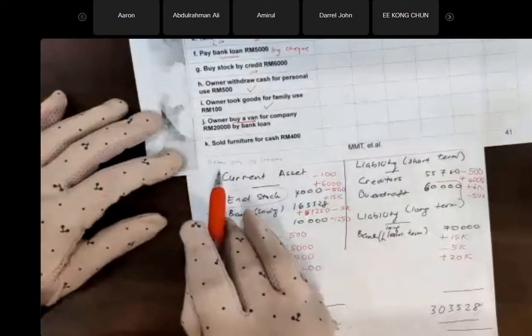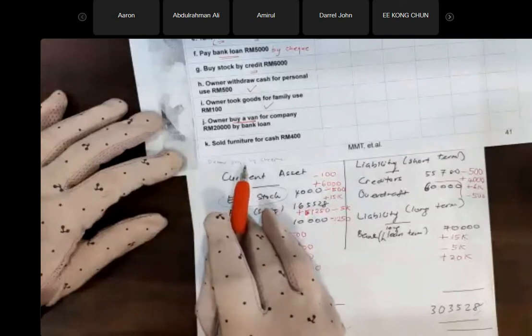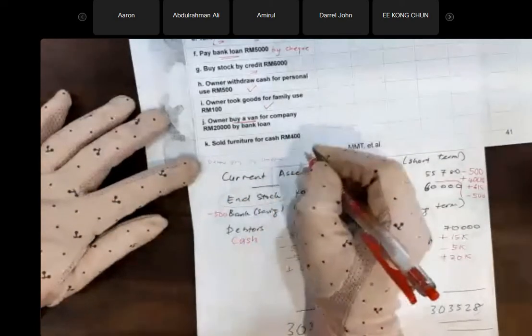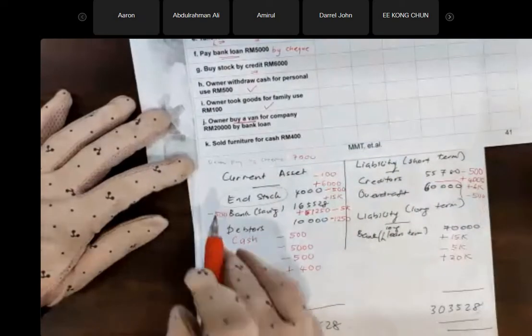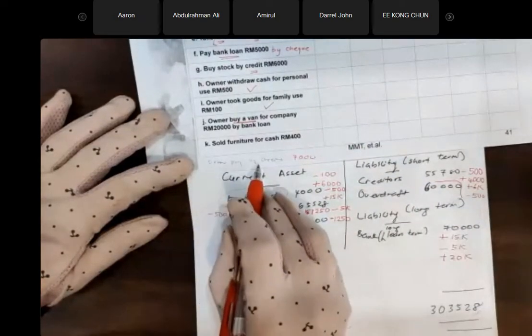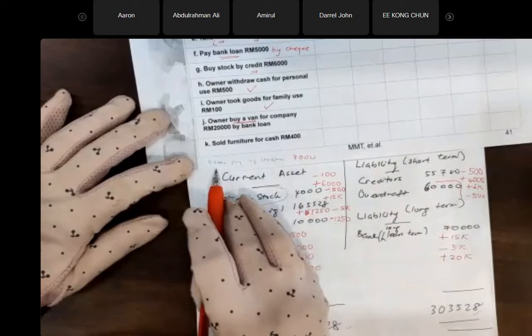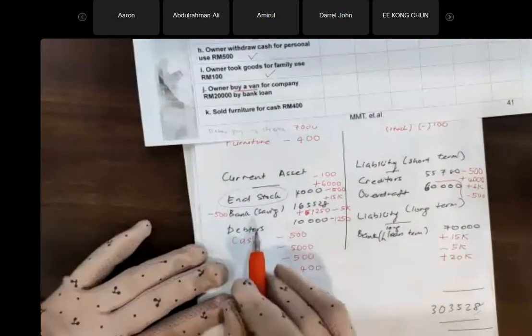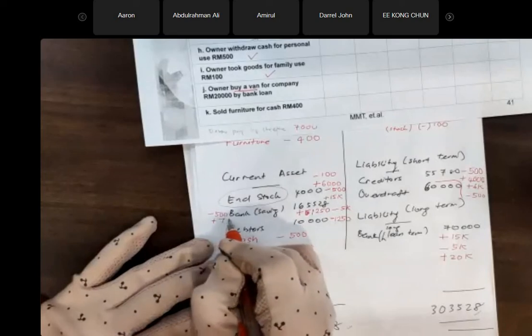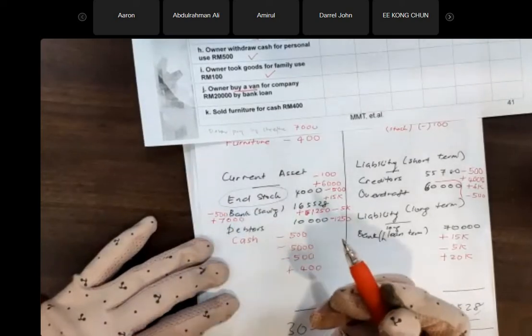Okay. Let's say debtors pay by check 7,000 ringgit. Debtors pay by check. So you get the check here. You get the check 7,000 ringgit.